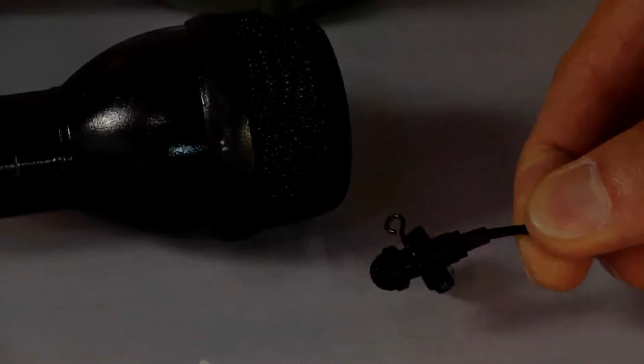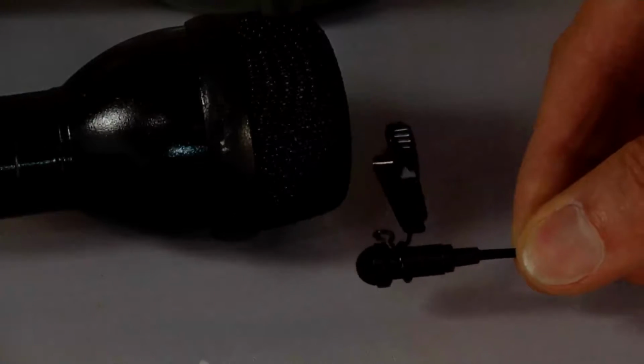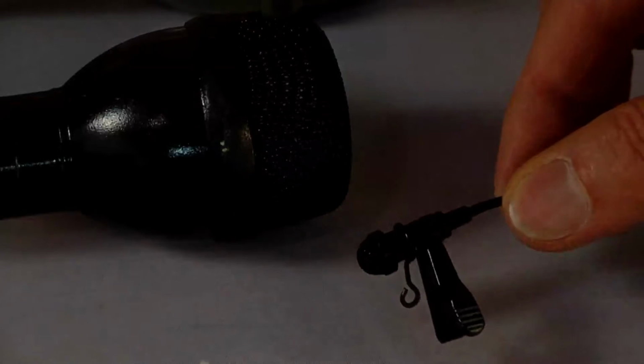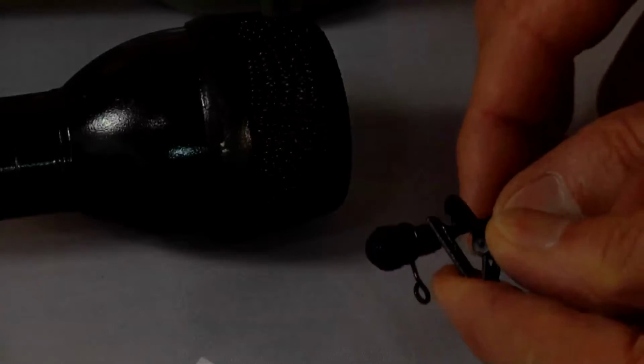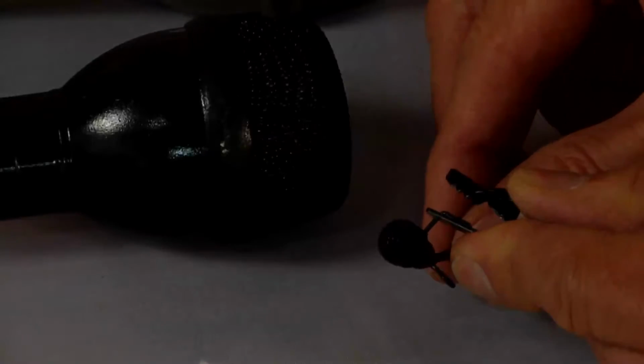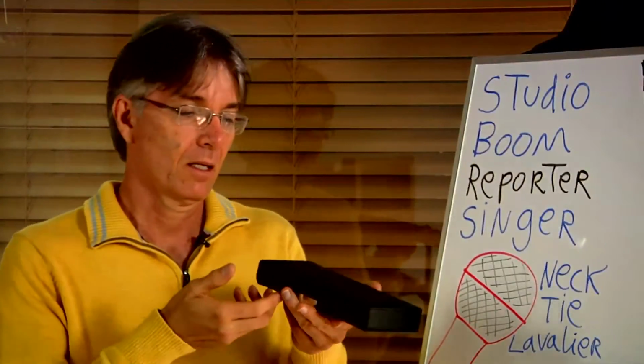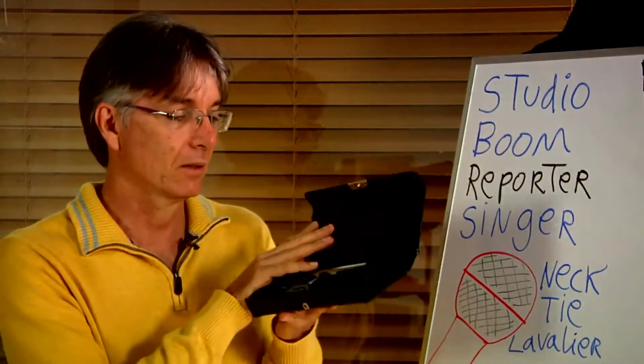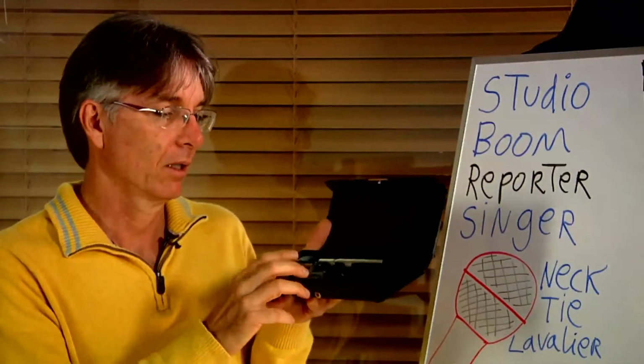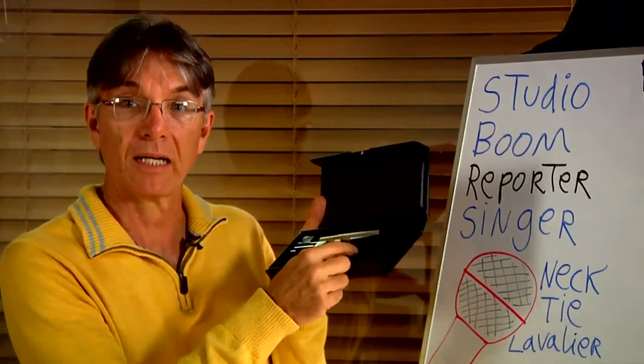So let's put neck, let's put tie, and let's put lavalier. Okay. Now, what is a lavalier? This is the old type of lavalier. I mean, old, meaning that it still has a cable.